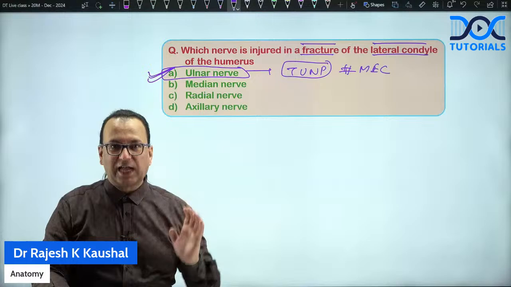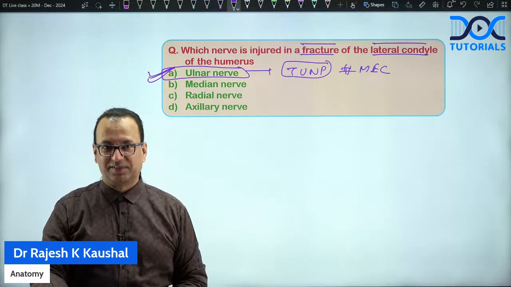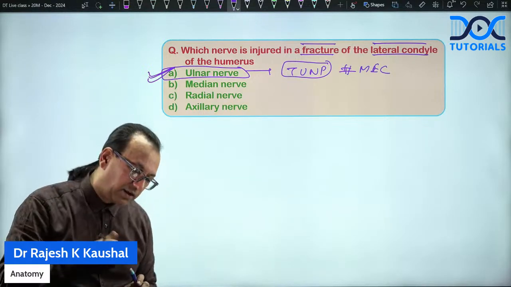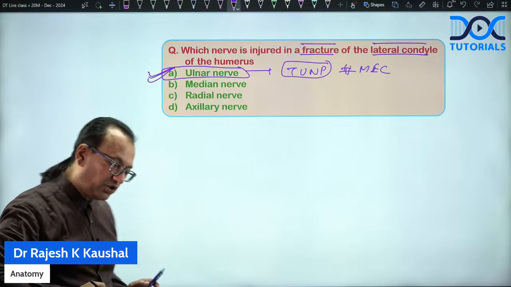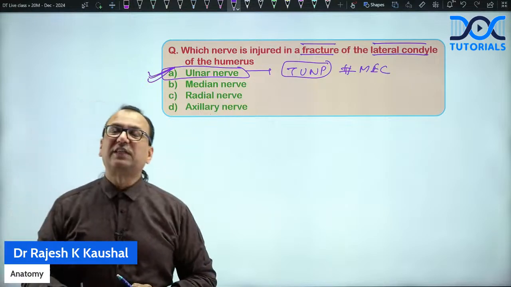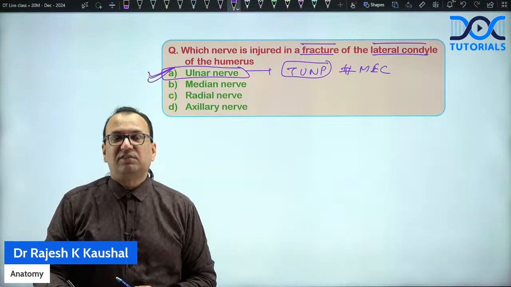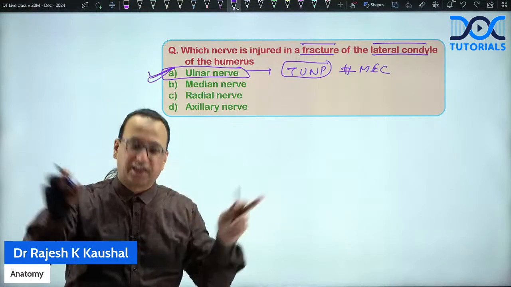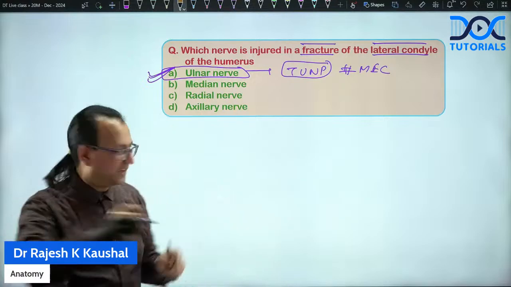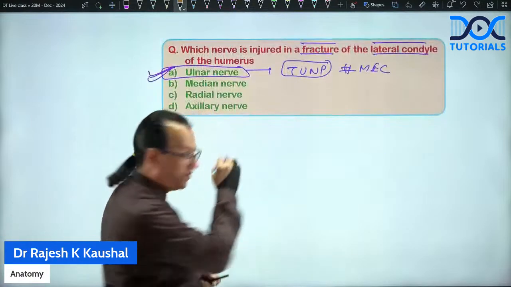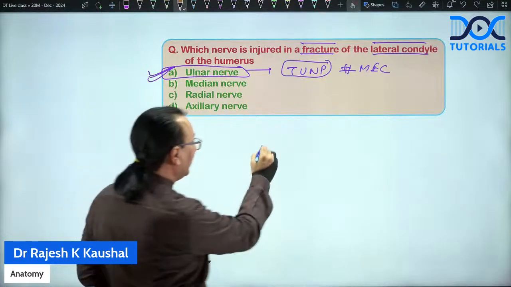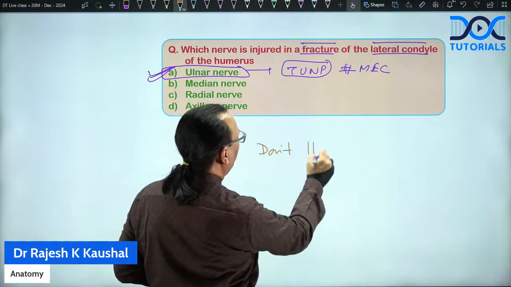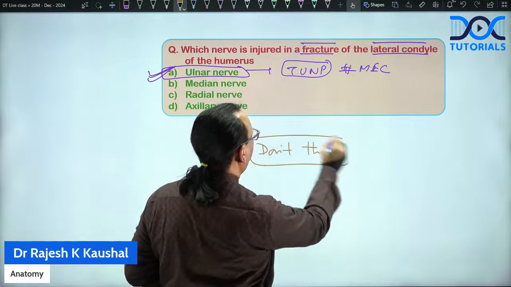So I sat and did the research work, and finally, look at the question. Which nerve is injured? Fracture lateral epicondyle. The best thing to tell you is, don't think. Now, if I don't think, then how will I answer?